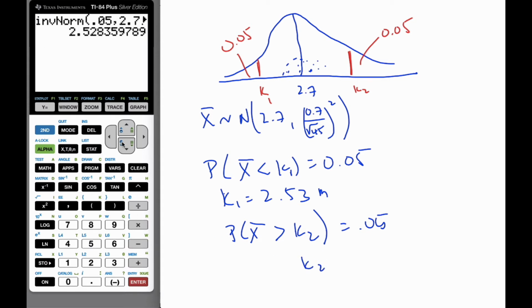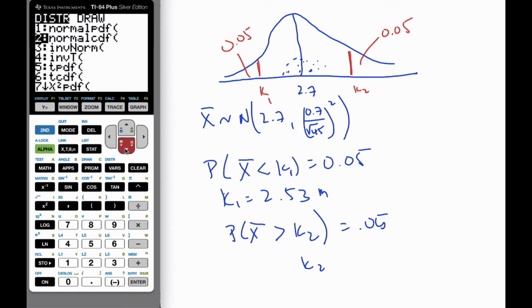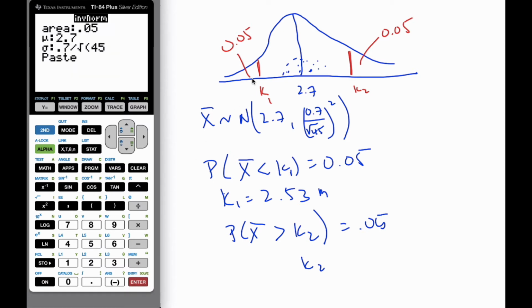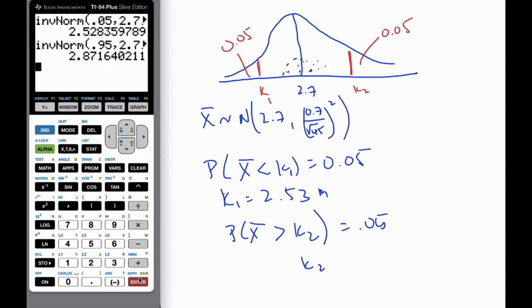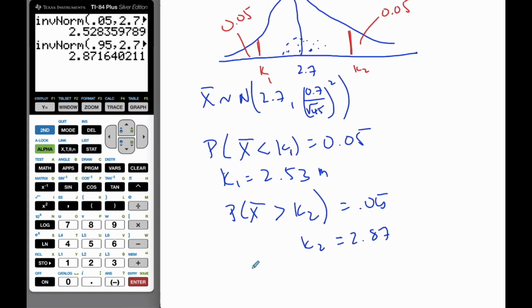For k2, I go back to here, and I do my inverse normal again, because I always have to go from the left-hand side, so this is going to be 0.95. Same values for the rest, and here I get 2.87. So my critical region is anything outside here and here.